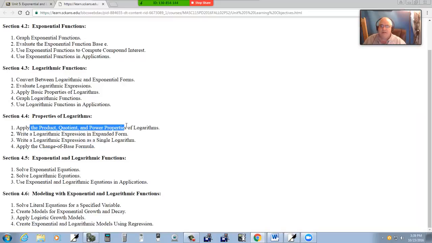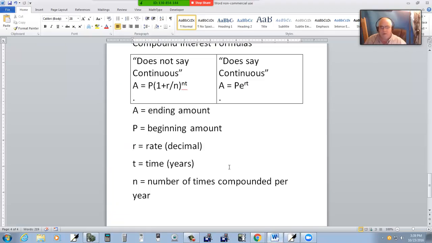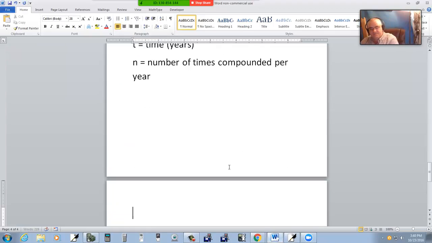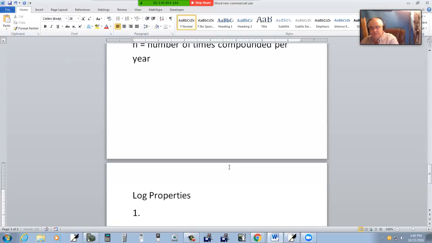Okay, next section. Section 4.4, properties of logs. It says apply the product, quotient, and power properties of logarithms. And actually they use those. Those are the next two items, so they go hand in hand. So our log properties. Our first one says we got log of something plus log of something.